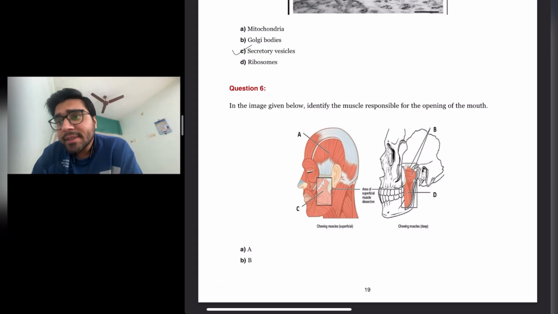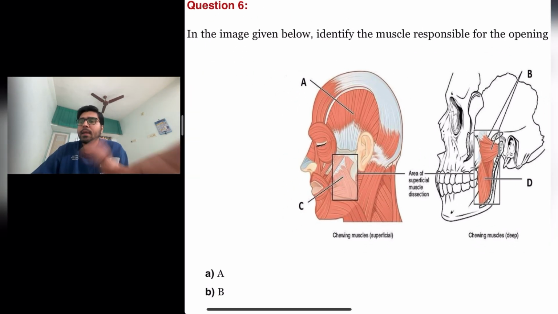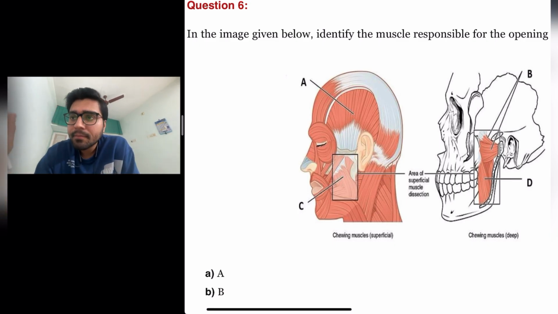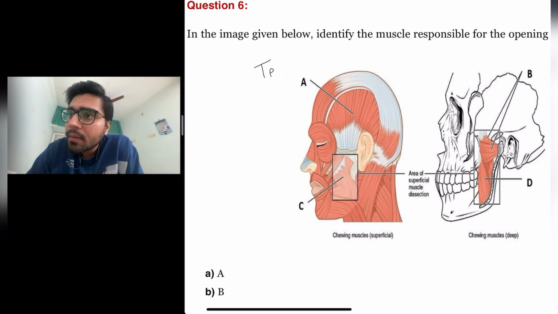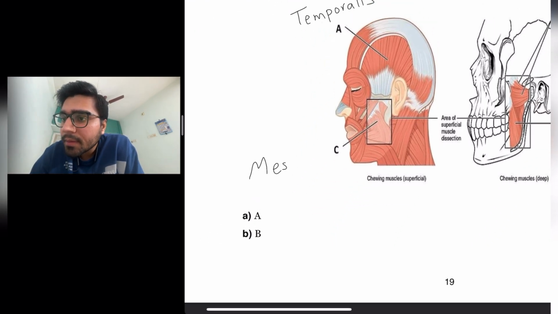Let us move on to the sixth question. In the image given below, identify the muscle responsible for the opening of the mouth. First of all, let us label these four alphabets. This one is temporalis. This one is masseter.